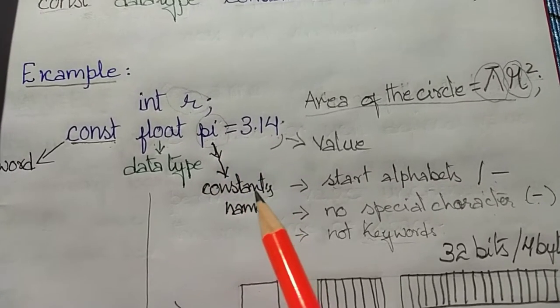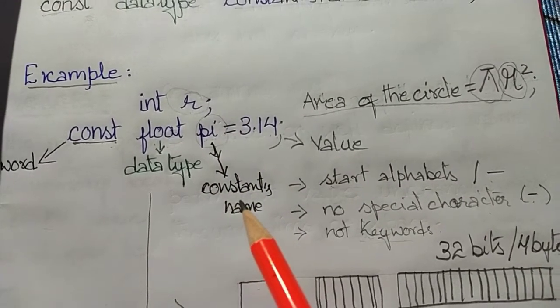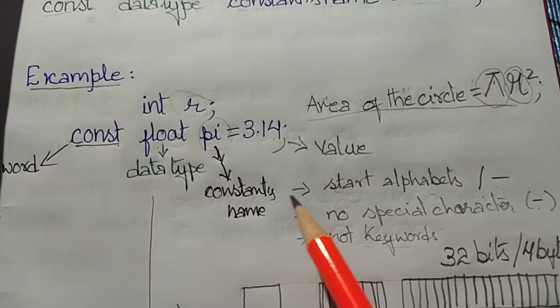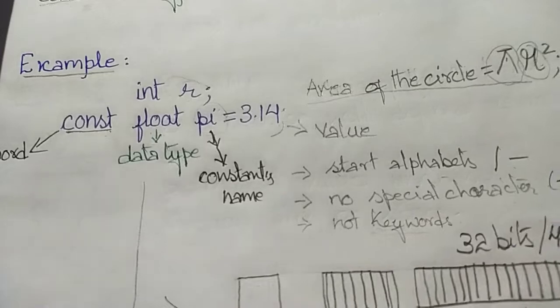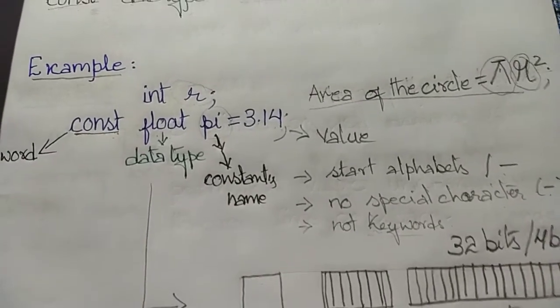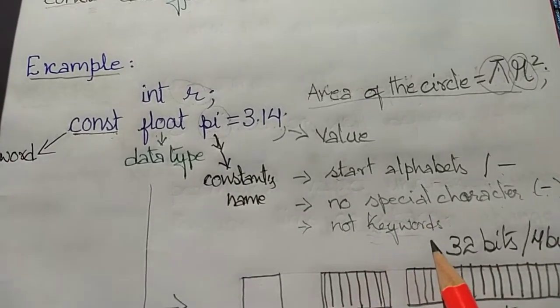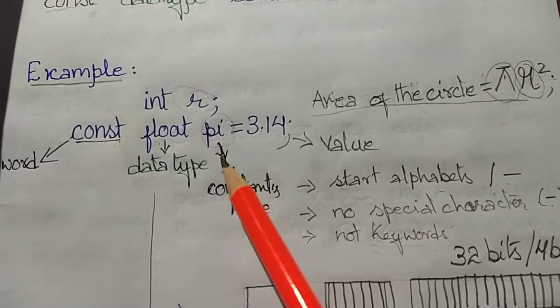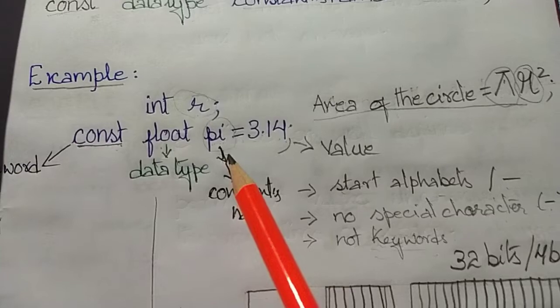Because these keywords already have a meaning, whenever we need to do that specific thing, then only we can use the keyword, but we cannot give the keyword as the name of the constant or the name of the variable.